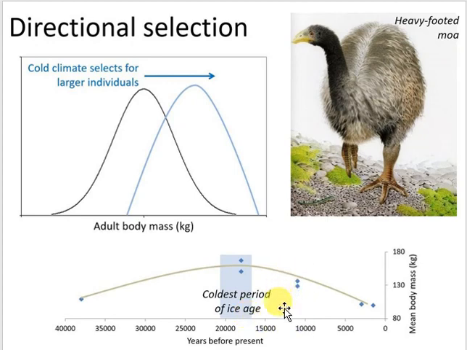Whereas once that climate started to warm, you had a shift in the opposite direction towards smaller bodied individuals because warmer climates select for smaller individuals. Those are both directional selections.